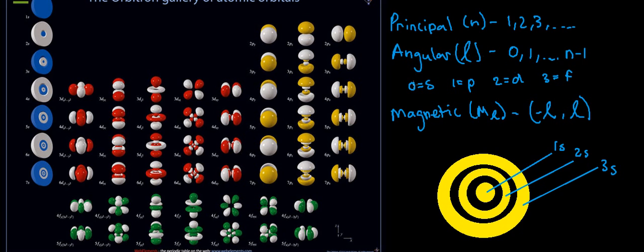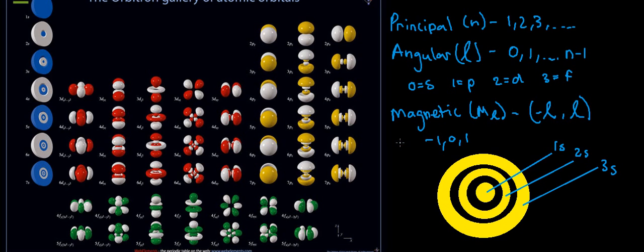So for 0, there's only 1 orbital. For an angular number of 1, I would get minus 1, 0, and 1. It's just the integer values in the interval from minus L to L.